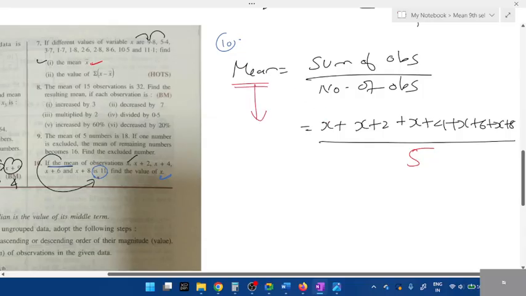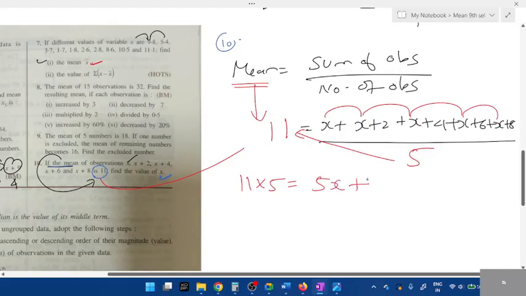If you want to find the x value, remember they will always give the mean value. What is the mean in the question? Mean is 11. So this 5 goes to the other side and becomes what? Multiplication. Total how many x values are there? 5x plus.